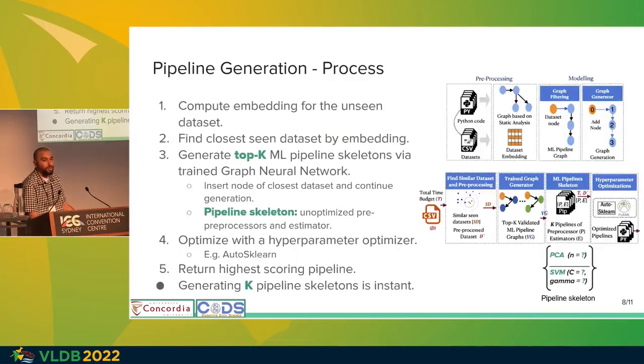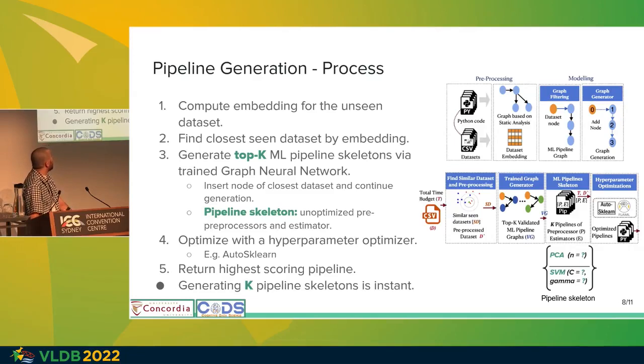How about the pipeline generation? Given an unseen dataset, how can we generate a pipeline for it? First, we compute the embeddings of the unseen dataset using our column embedding model. We find the closest dataset by embeddings through cosine similarity. This is the closest seen dataset. Now we generate the top K ML pipeline skeletons.